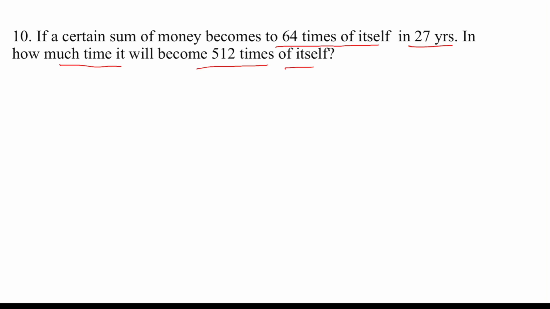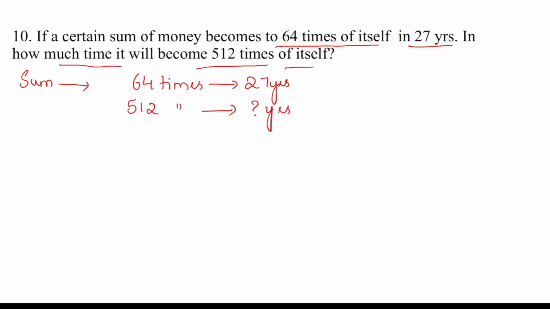It is said that a sum will become 64 times in 27 years. So how many years are required to become 512 times is the question.